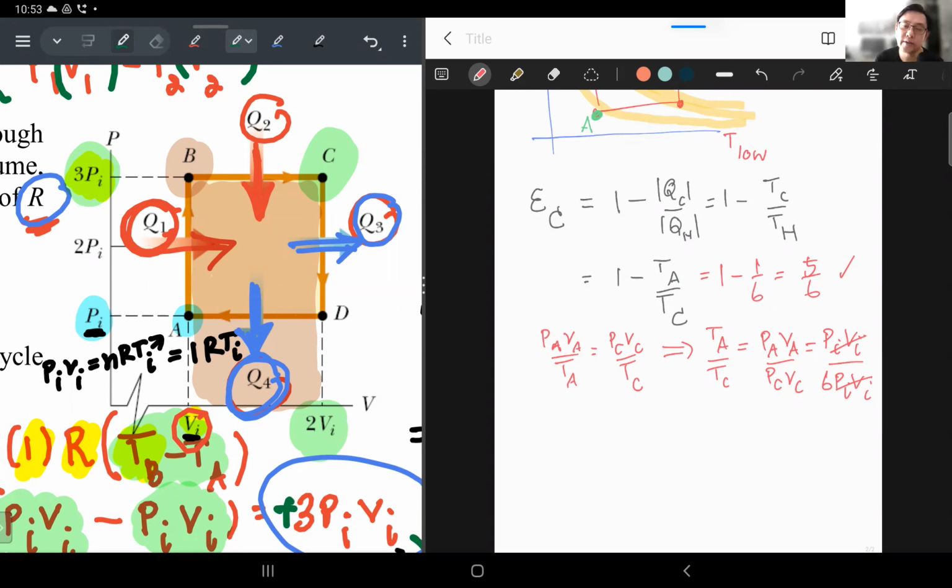You mean comparing to Carnot engine? Yeah, or we don't compare. You can compare, I think. I don't understand your question.